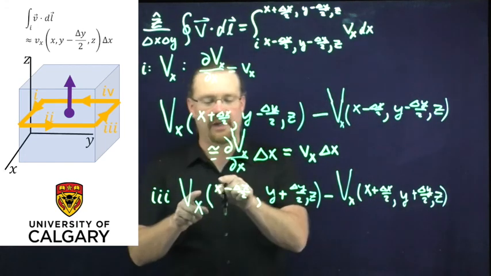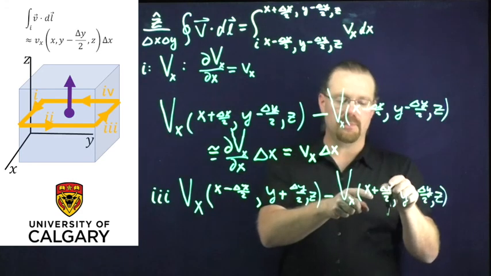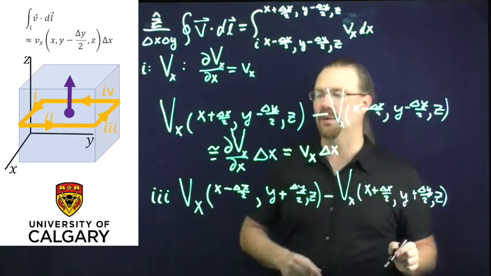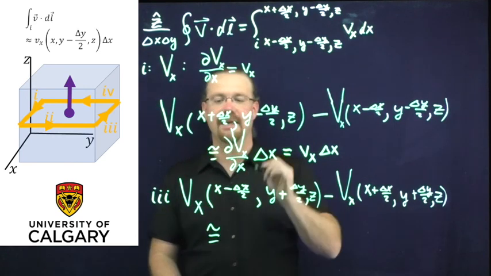Now we have our function evaluated at x minus delta x over 2 minus the function evaluated at x plus delta x over 2. This is just like what we had before, with one important difference.